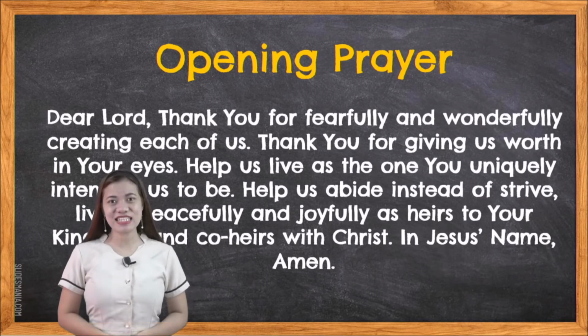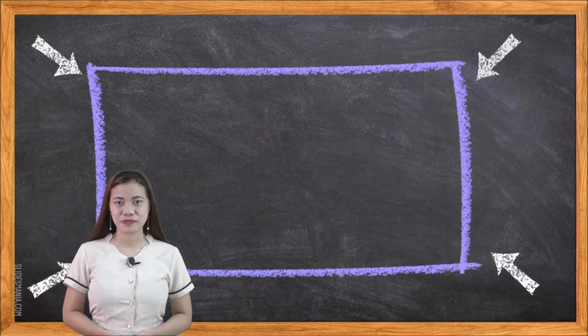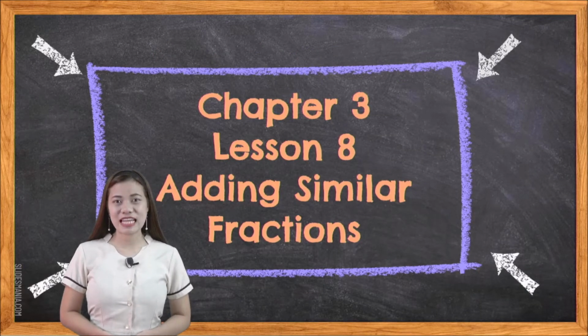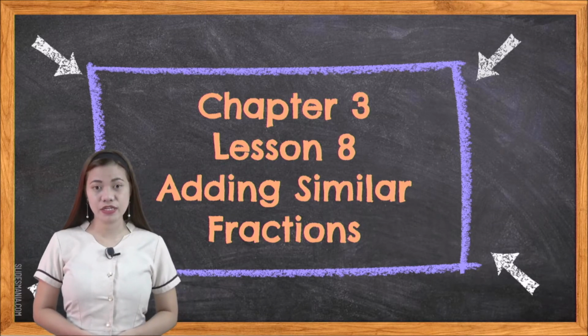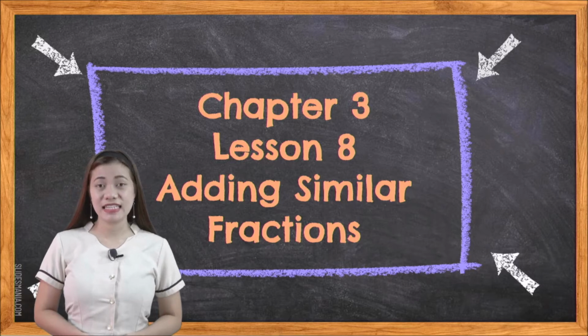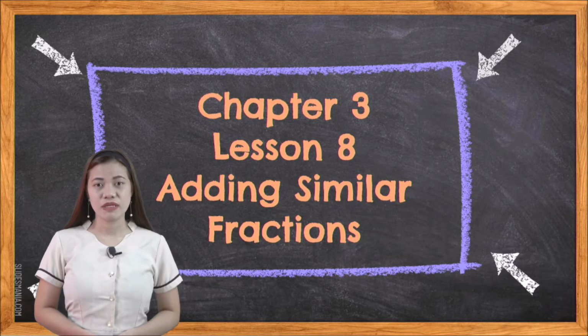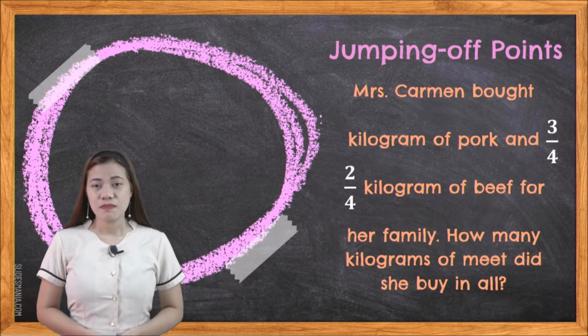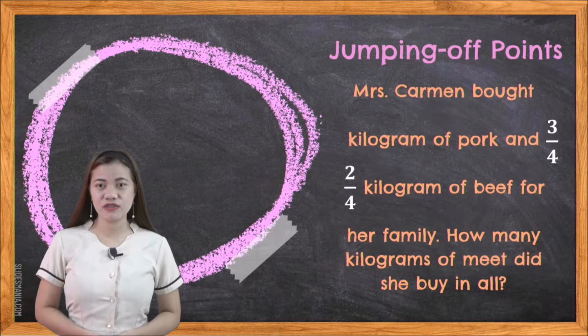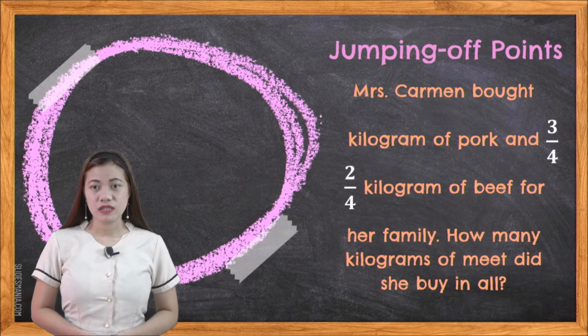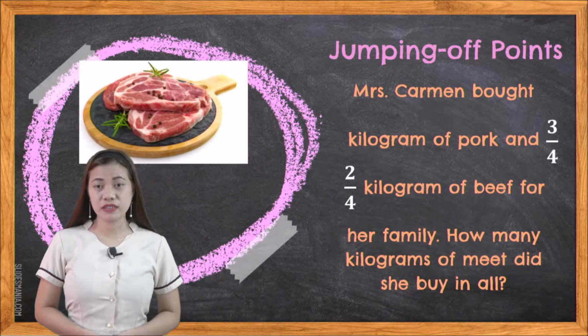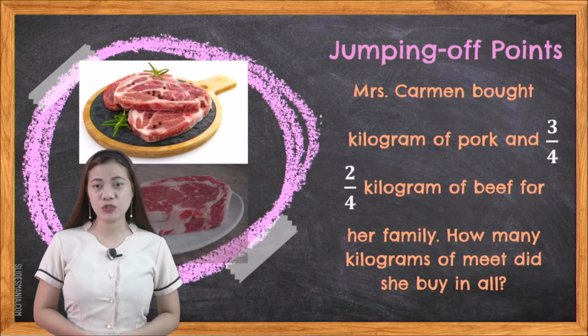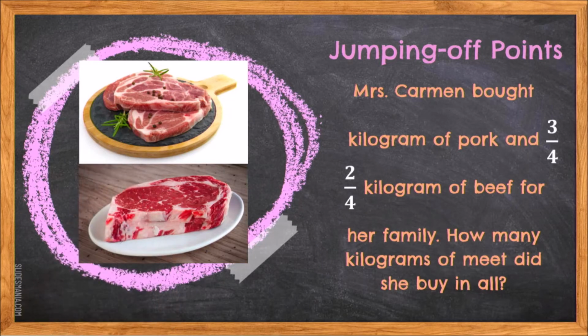Once again, kids, good morning. So for today's lesson, kids, in chapter 3 is lesson 8, adding similar fractions. But before that, let's read our problem. Mrs. Carmen bought 3/4 kilogram of pork and 2/4 kilogram of beef for her family.